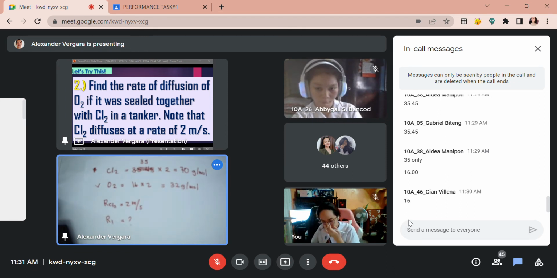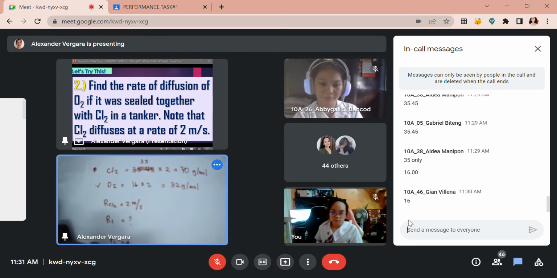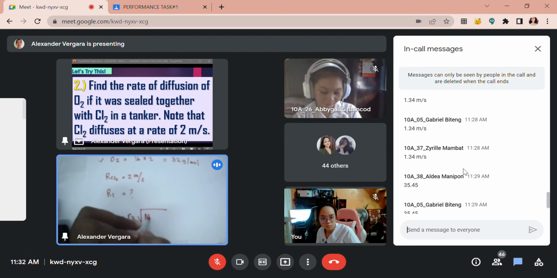R1 is equivalent to, R sub 2 times the square root of M sub 2 over the square root of M sub 1.